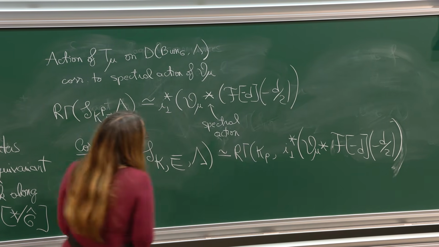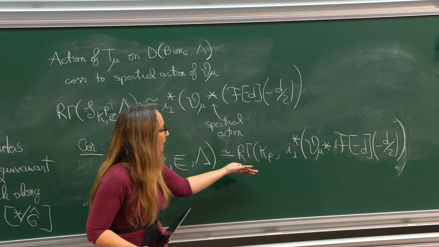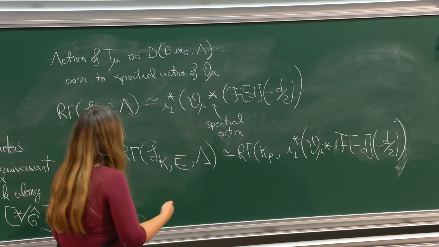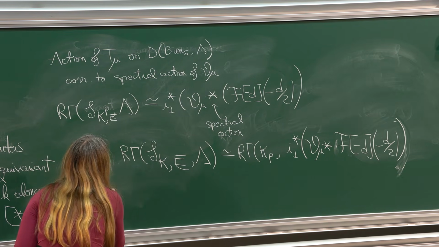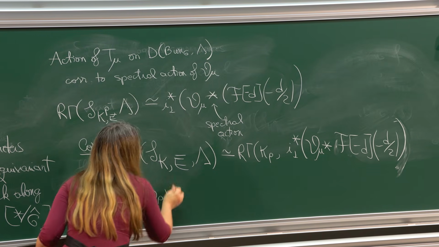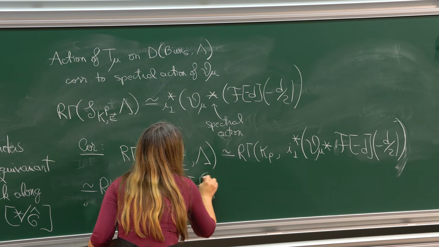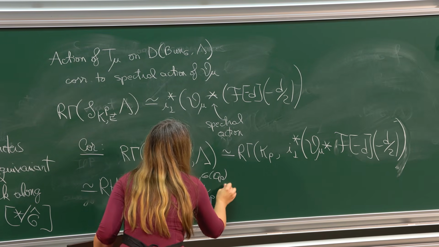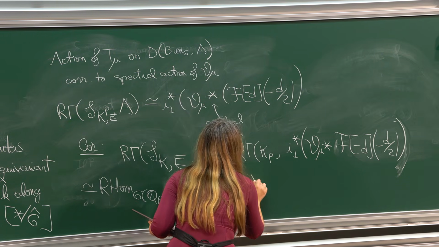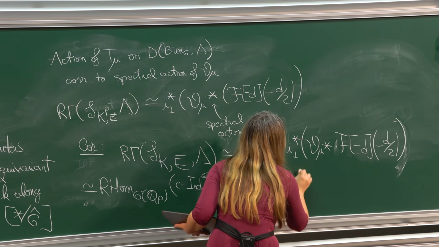You can think of this as an RHom from the trivial representation of K_p into this. Then using Frobenius reciprocity for compact induction, you can think of this as a G(Q_p)-equivariant RHom from the compact induction from K_p to G(Q_p) of the trivial representation into i_1 upper star of this whole thing.